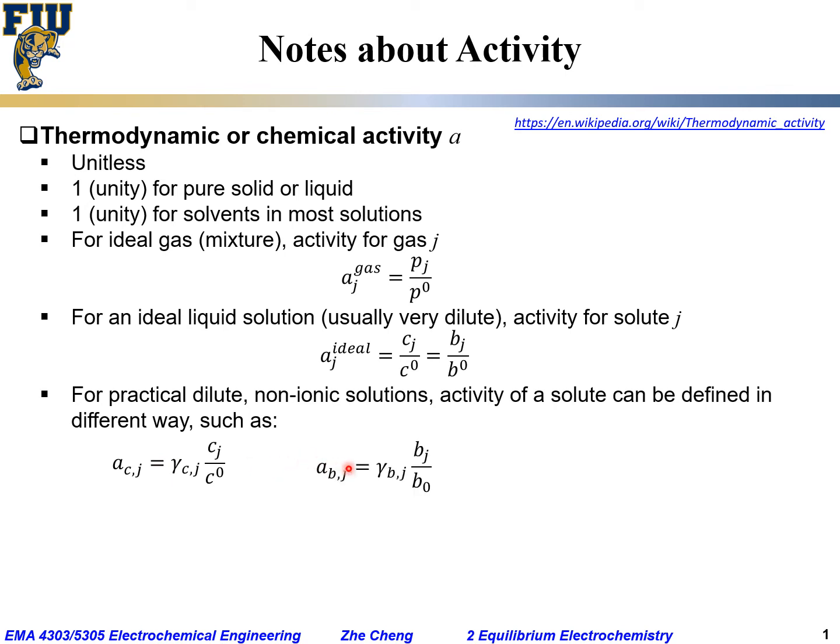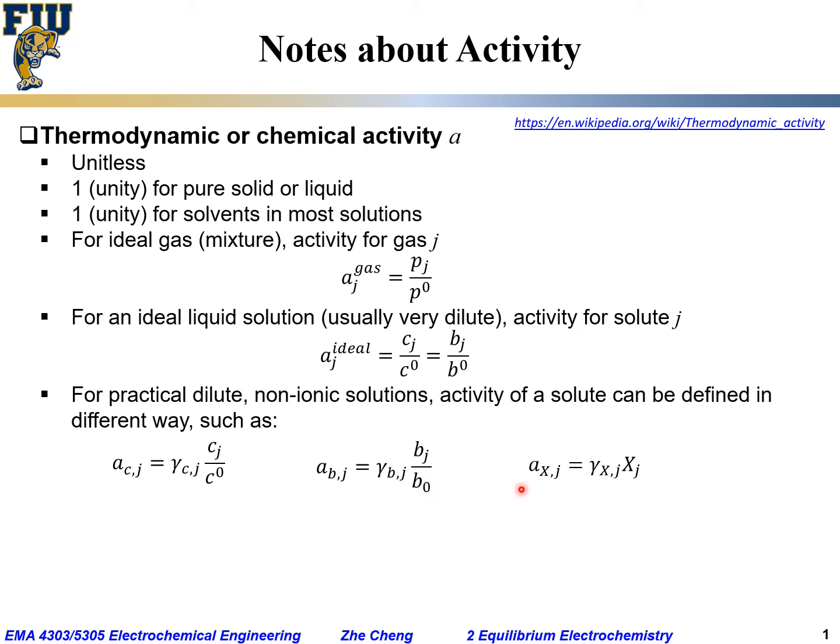The activity based on molality B, per 1 mole per kilogram of solvent, would still involve an activity coefficient, but in this case with the subscript B representing molality, times a ratio between the molality, mole per kilogram of solvent, divided by B0.